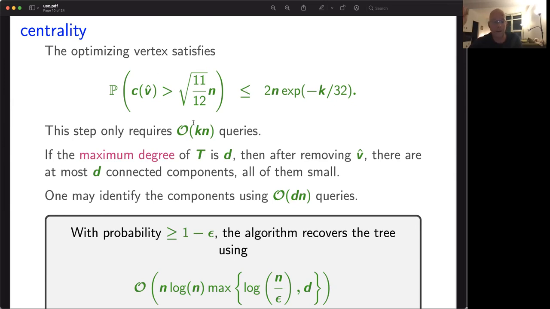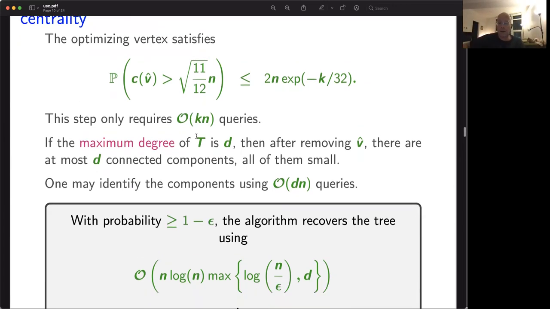This step only requires order k times n queries, because for each vertex we pick k random vertices and then do this estimation. So this means that we can find a central vertex. Now the next step is that we have to identify which vertex belongs to which subtree.